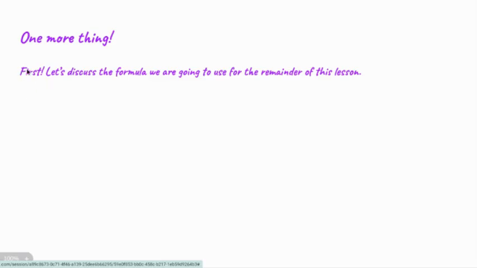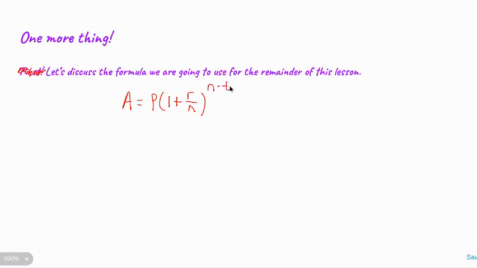And then so, not really first, but we're going to discuss what this formula looks like. So the formula for compound interest is P times the quantity 1 plus R divided by N to the power of N times T. So some variables, P is still principal, R is still rate, T is still time and in years.